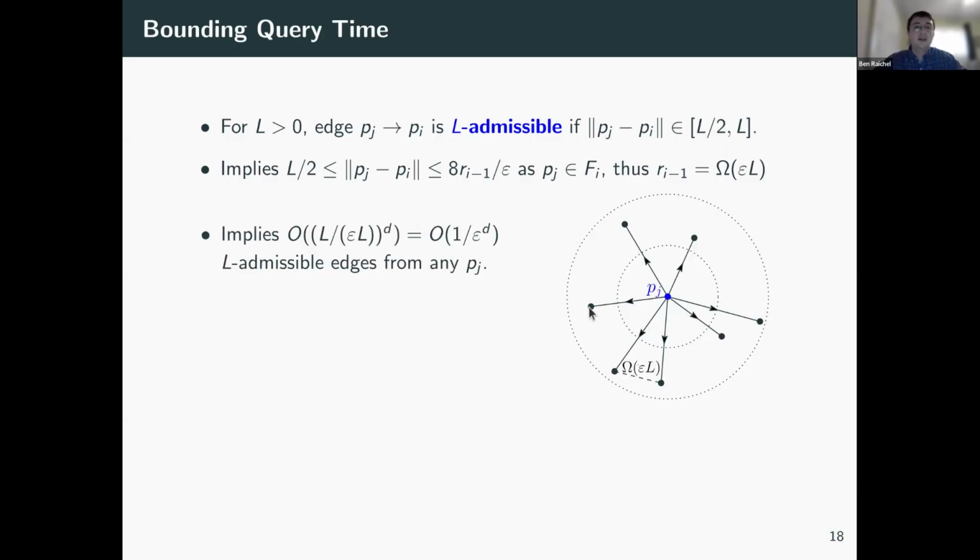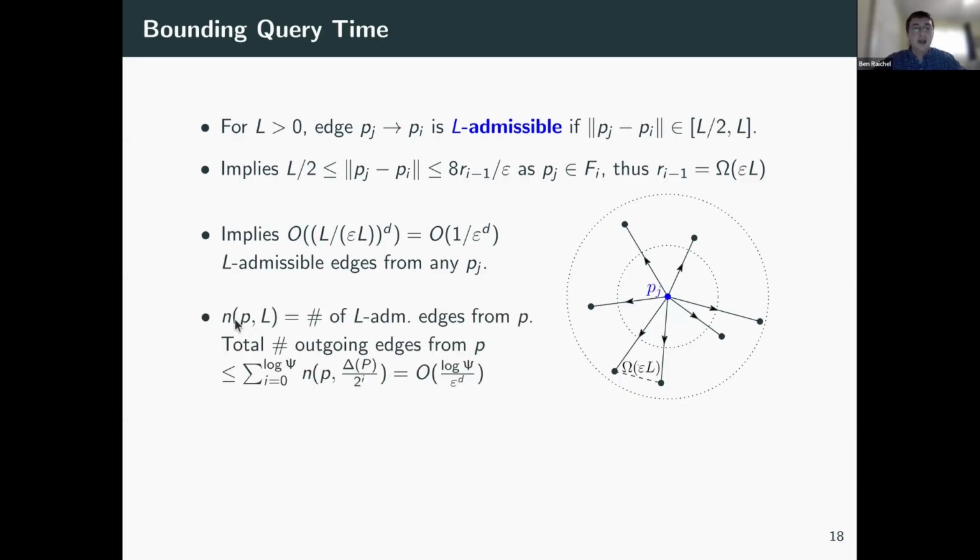I have an L radius ball, I have things that are epsilon L apart. So I get 1 over epsilon to the d as the number of outgoing edges at scale L, right? So if that's the number at scale L, now I can just sum up over all the scales.